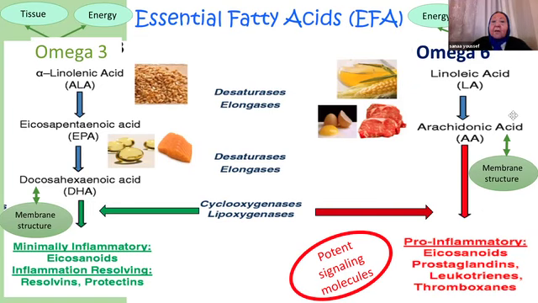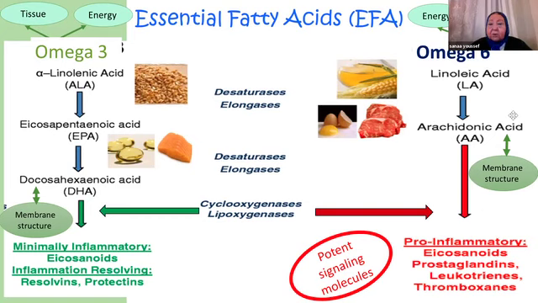Now, this EPA is further acted upon by certain enzymes to produce DHA. When cyclooxygenase and lipoxygenase act on DHA in the membrane structure, it is released into the organ and produces minimal inflammatory or inflammation-resolving, anti-inflammatory eicosanoids, resolvins, and protectins, which are going to fight back the infection. So they are eventually very important.